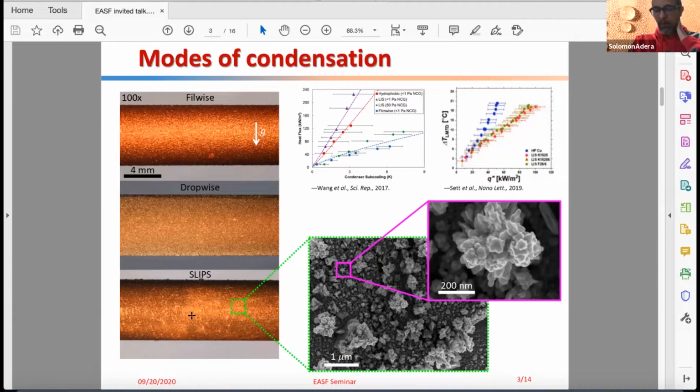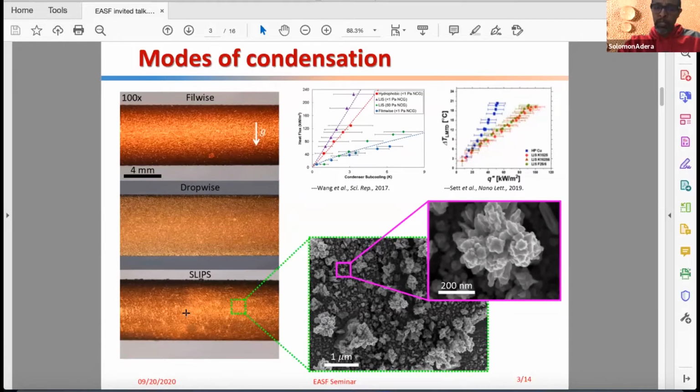A few works show that the oil depletion is so fast that the heat transfer coefficient decreases by more than 80% in the first 3 hours. This indicates the challenge of integrating these systems into industrial applications, which require a longer lifetime.